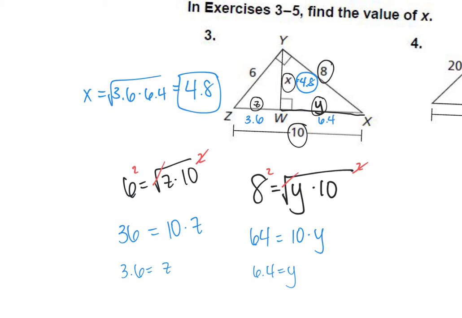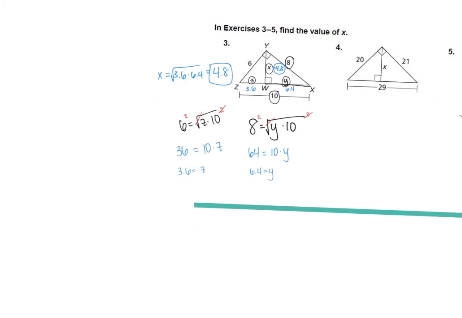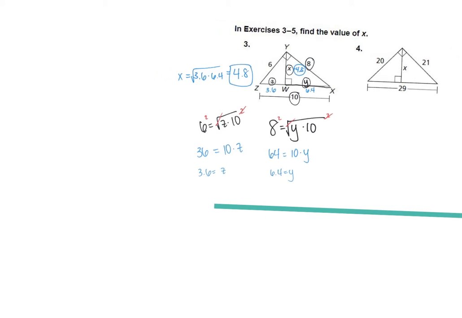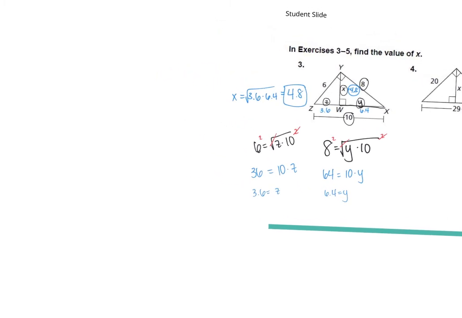Okay, the other way you could have done this problem is you could have taken each of these triangles, right? And we know that they're all similar. So you could have drawn them out. So here's Y, W, Z. Write this out.